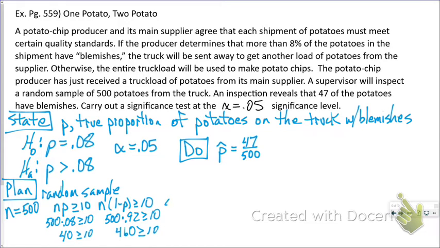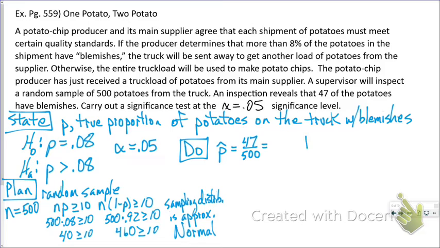Therefore, sampling distribution, I'm running out of room here. I need room for a conclusion. Is approximately normal. All right, on the do step, the calculator is going to tell us that p hat value, so I'm going to hold off on writing what that decimal is.